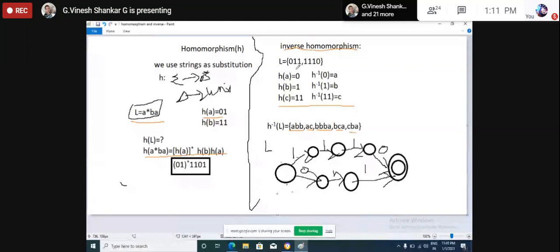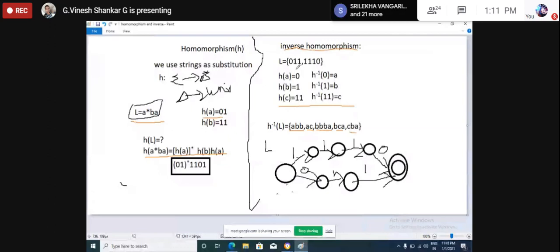The same way, when you go for the triple 1 0, what is this triple 1 0? I am getting H inverse of 1 is B, then I'll get A, because H inverse of 1 is B. That's why three times I'm getting B. Afterwards I'll be getting A because H inverse of 0. So what is the other part?